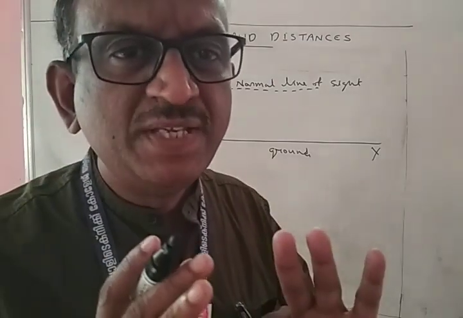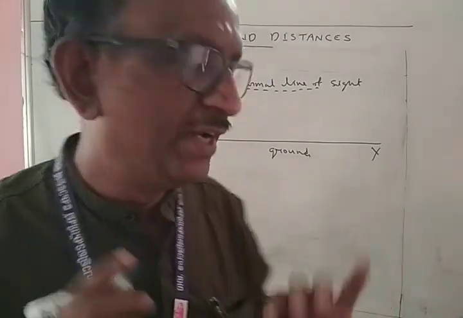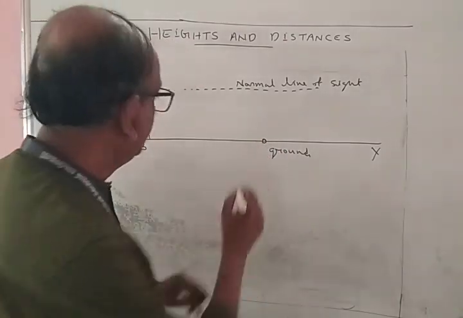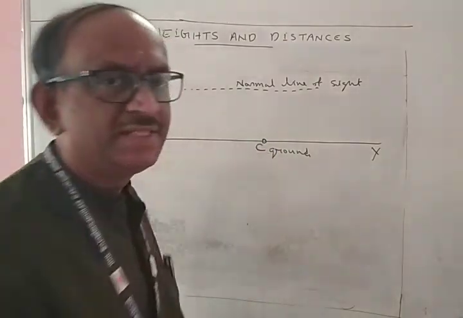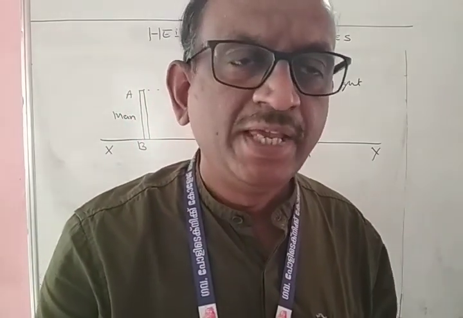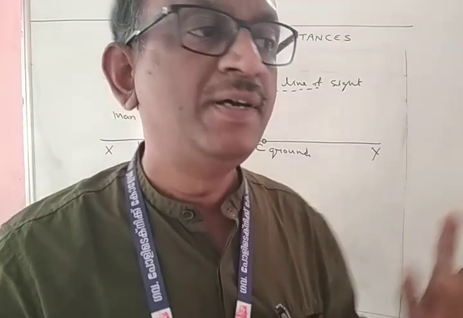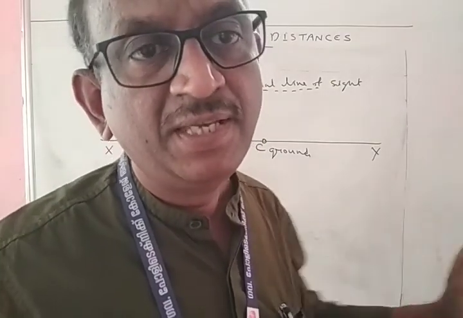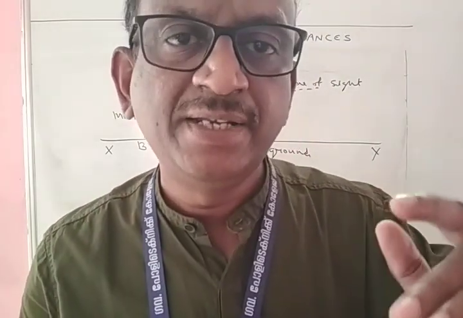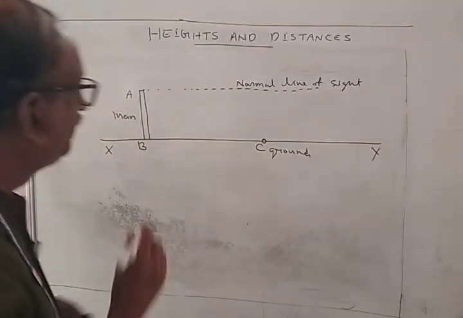Suppose there is an object lying on the level ground. Let it be C. If he wants to see the object, he must lower his head and look at that object.